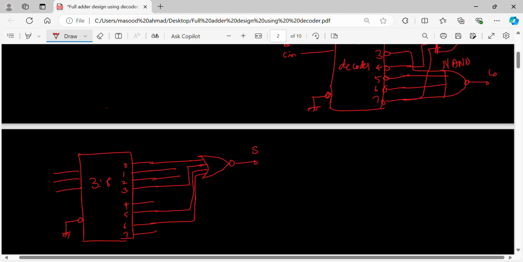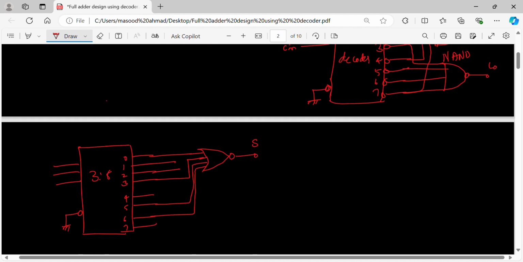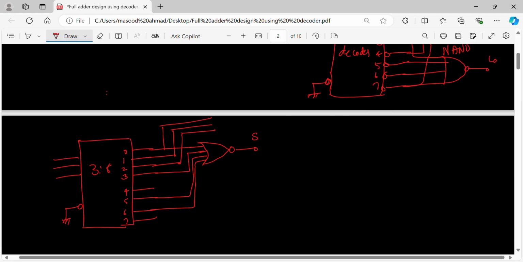If you want your carry, the carry expression is 0, 1, 2, 4. So you can take 0, you can take 1, you can take 2, right? 0, 1, 2 is available, and we do require 4.